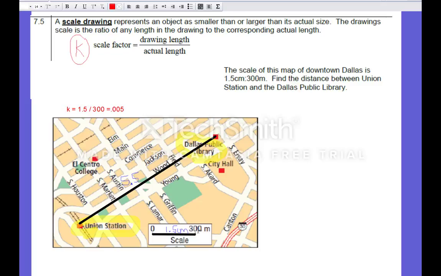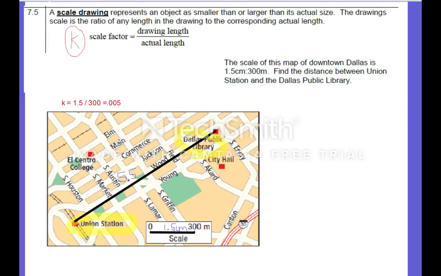So this is our 1.5 centimeters, and I measured from the Union Station to the Dallas Public Library, and I got 5.5 centimeters. So now that I know my K, I can plug it in a couple different ways. A lot of people will say, okay, I know what K is. So K is my drawing to my actual.